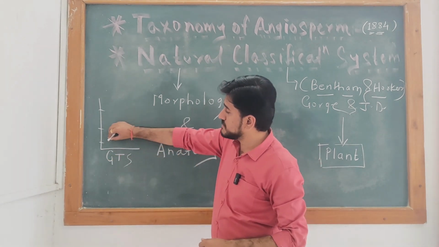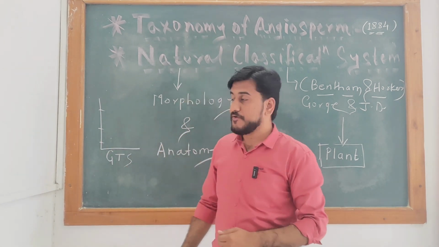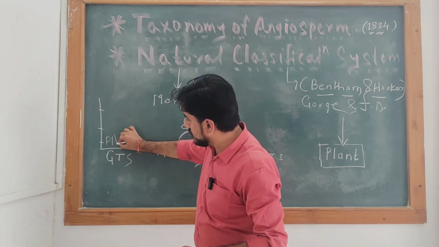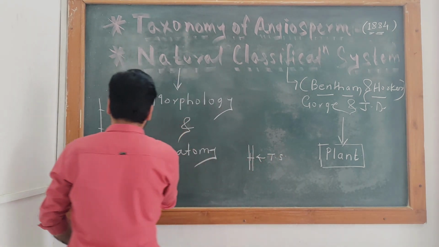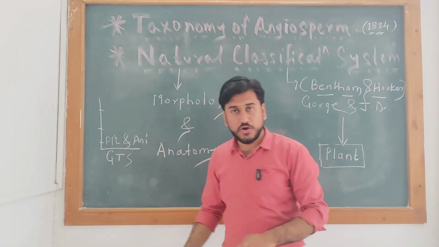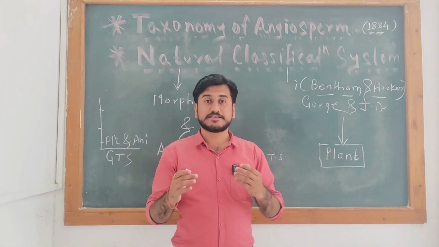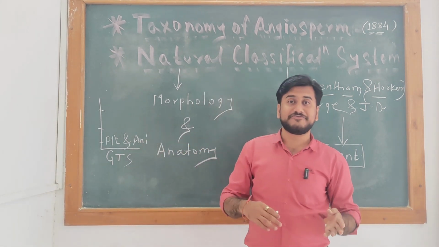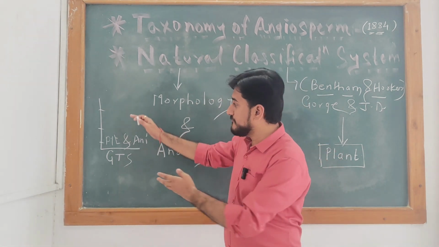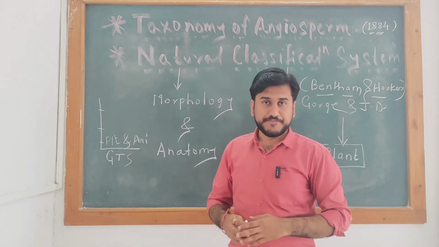In the geological time scale, you have to study the different eras and different periods, for example the Jurassic era or Cenozoic era. In these different eras, plant groups and animals evolved. So according to Bentham and Hooker, these two scientists studied the morphology and anatomical features of the plant body, and they also studied the evolutionary period or evolution.